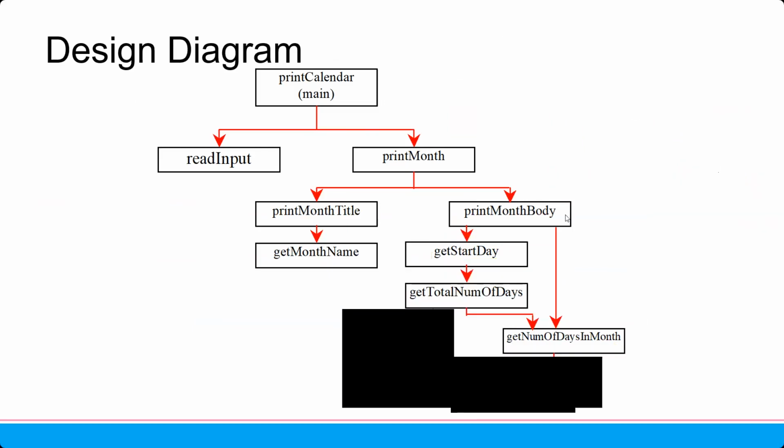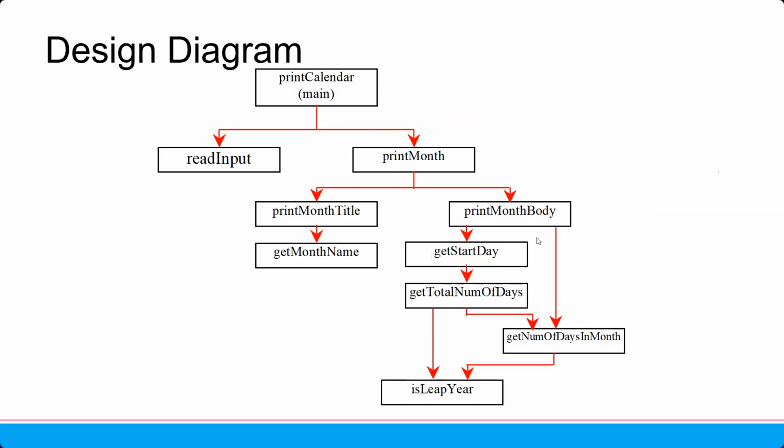And then we can get the total number of days by looking at the leap year. So this is what we call stepwise refinement. You can start from the big picture and then go to the smaller picture or the smaller problem.